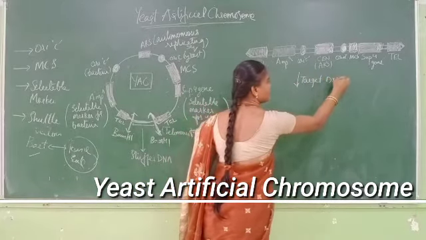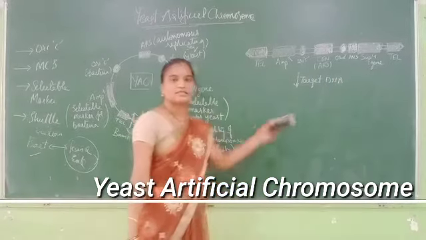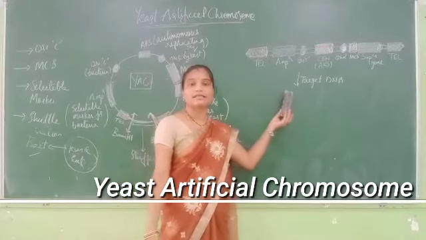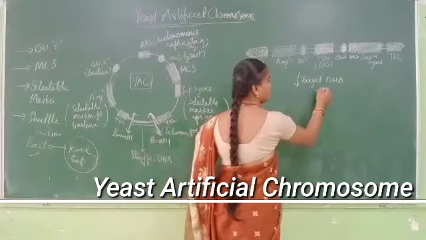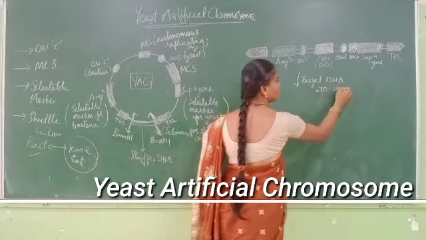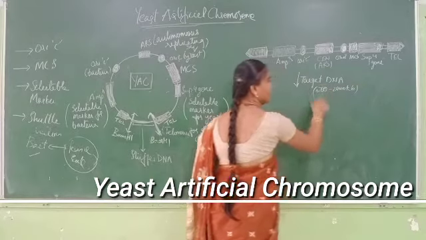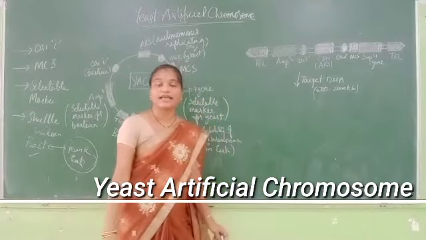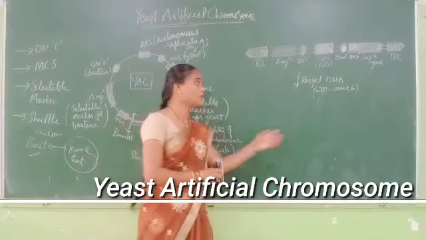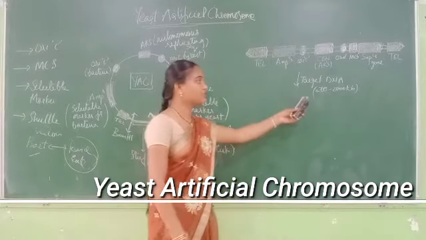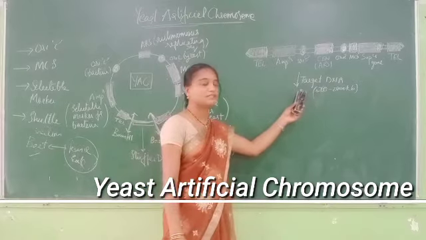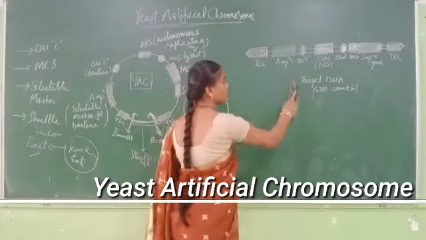The target DNA molecule has a size of around 200 to 2000 kb, isn't it? So this is a vector which can carry a target DNA molecule of size 200 to 2000 kb, isn't it?